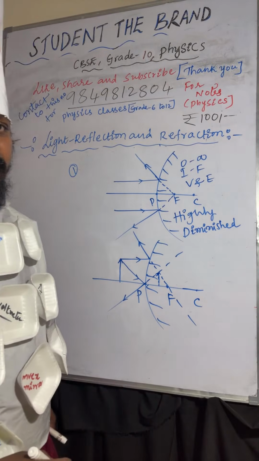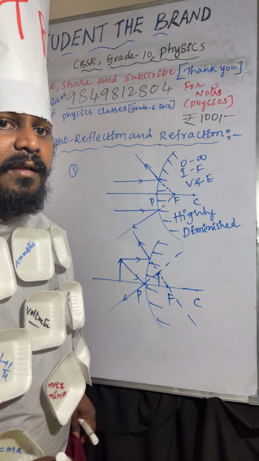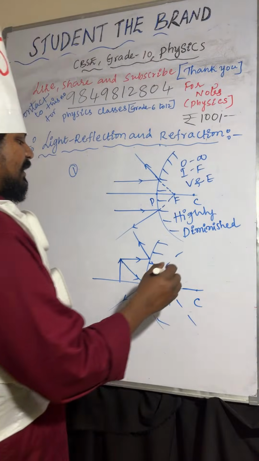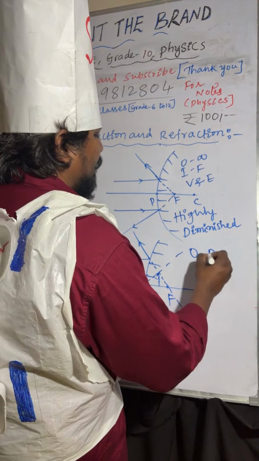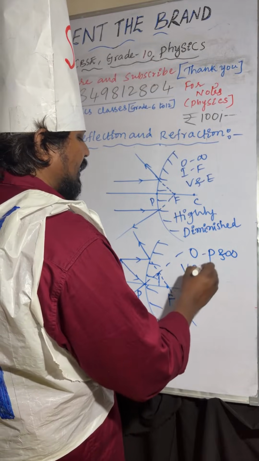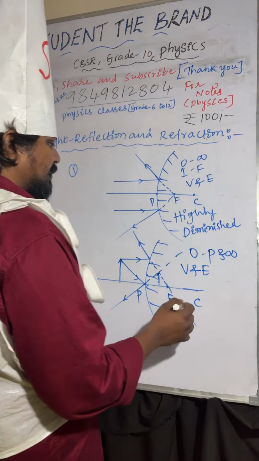So now you can see, the object is placed between P and infinity. The nature of the image is virtual and erect. The size of the image is diminished.